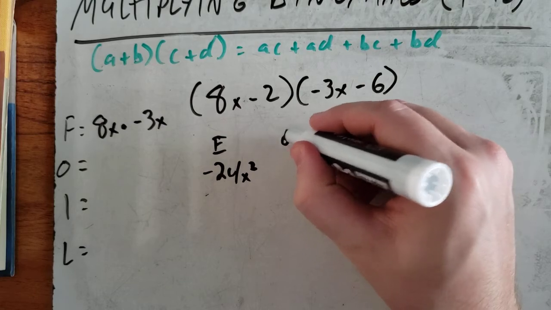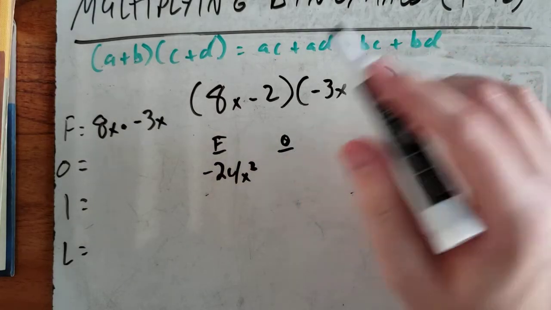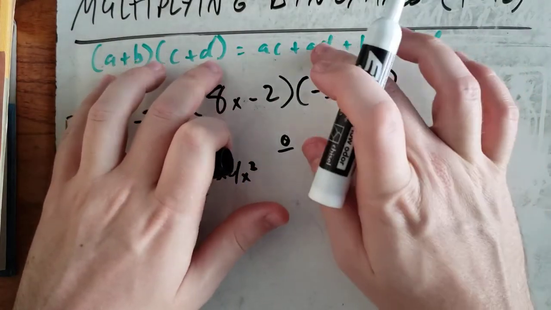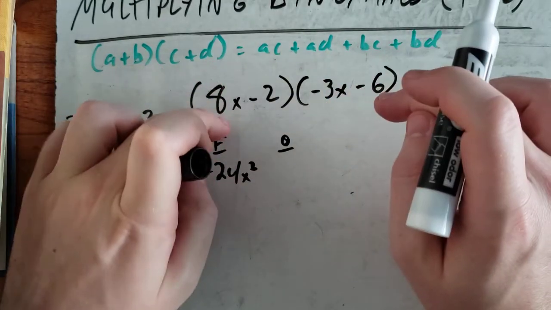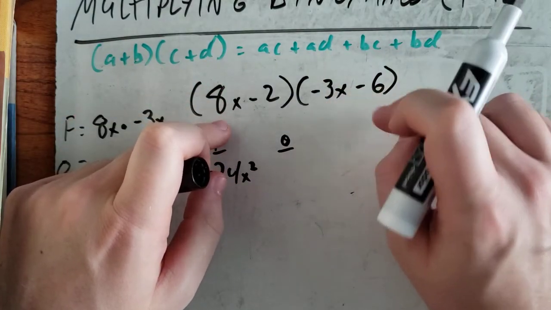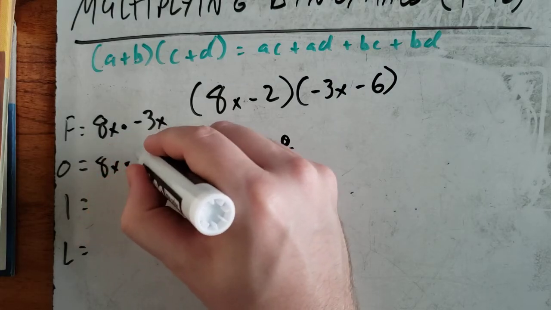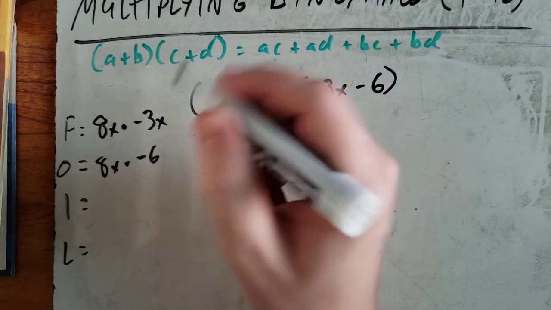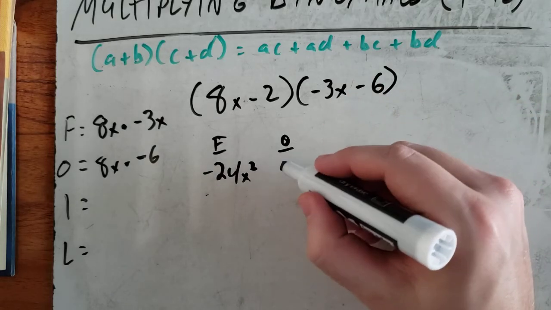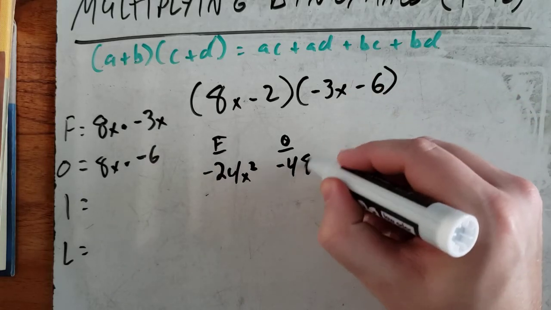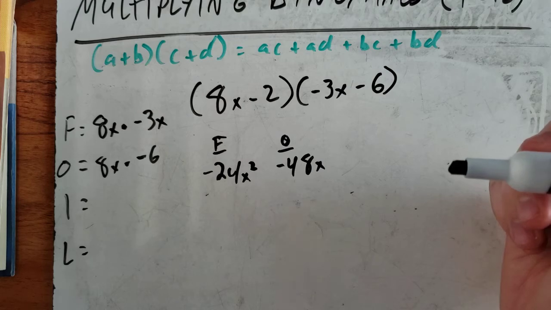Our O, our outer terms, our A and our D term. That's our second one. So we have 8x here times a negative 6. When we do that, we get negative 48x.